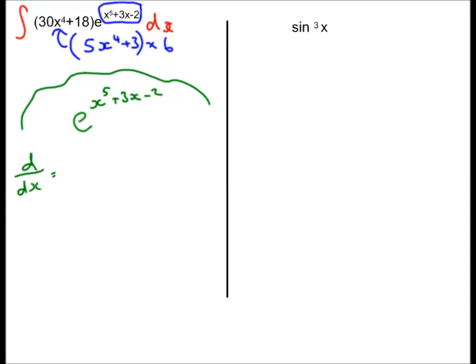Well, when I differentiate that, I'm going to get e to the power x to the power 5 plus 3x minus 2. And using the chain rule, I know that I now need to times by what I get when I differentiate this bit, which is going to give me 5x to the power 4 plus 3.